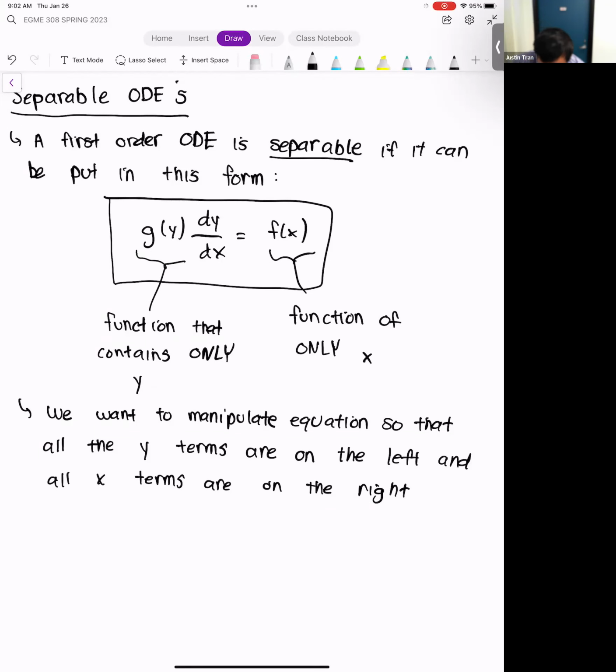And so on the left-hand side, we have an integral of g of y dy, and on the right side, we have the integral of f of x dx. This is perfect. That's great.